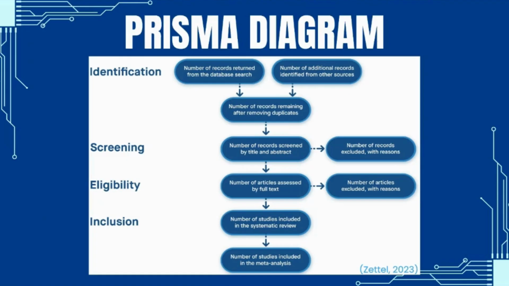This diagram visually represents the number of studies found during the search, the number of studies that were disqualified due to title and abstract screening and the reasoning behind it, the number of studies that were included or excluded after undergoing full-text screening, and the total number of studies considered for analysis in the review.